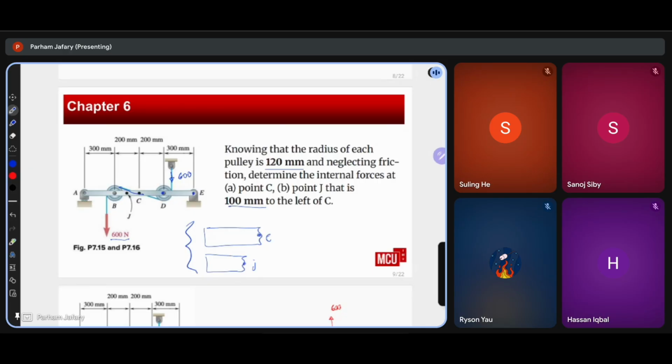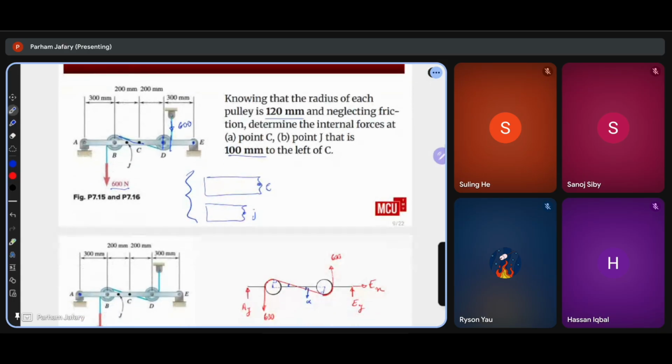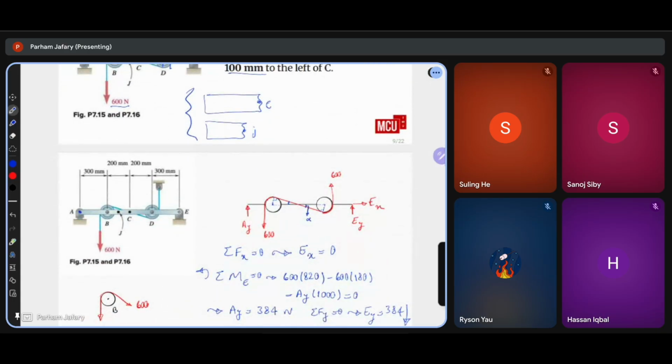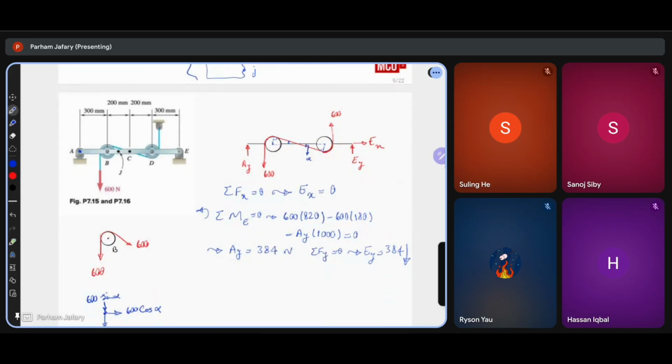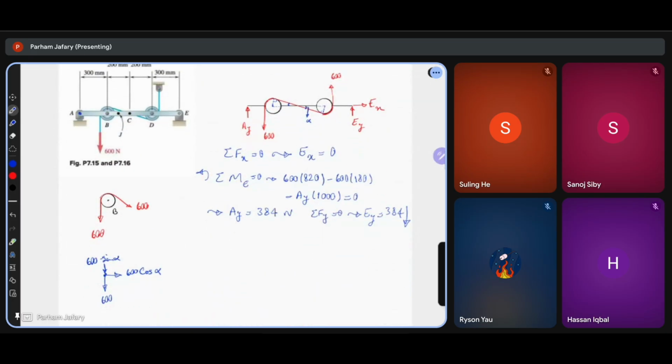I'm sorry, it's not the diameter, it's the radius. So this part is 1200, and if you subtract it from 300, you'll get 180. Okay? Any other questions? Okay.